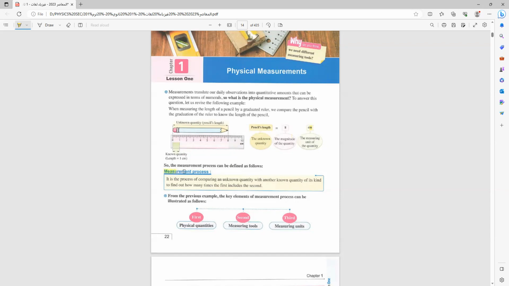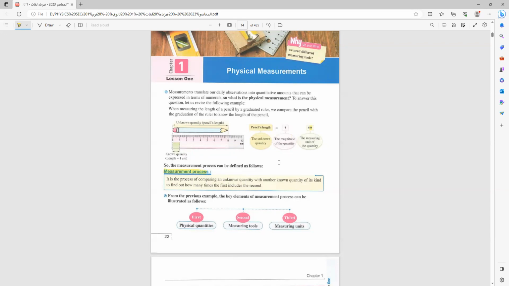We have a definition for the measurement process. It is a process of comparing a known quantity with another known quantity of its kind. Like the mass: if we say that the mass of a golden ring equals 5 grams, what does it mean?